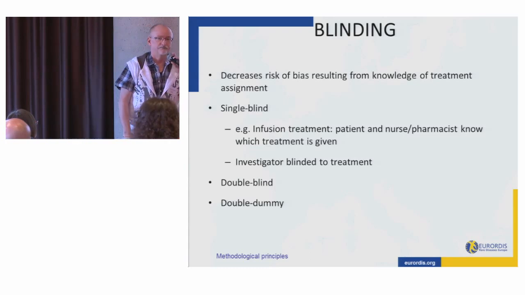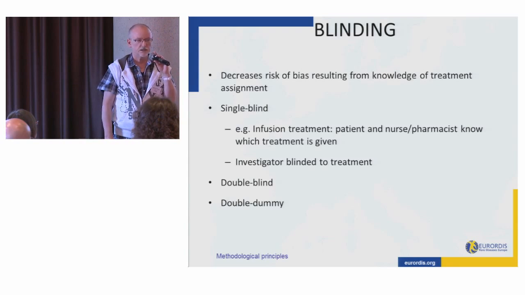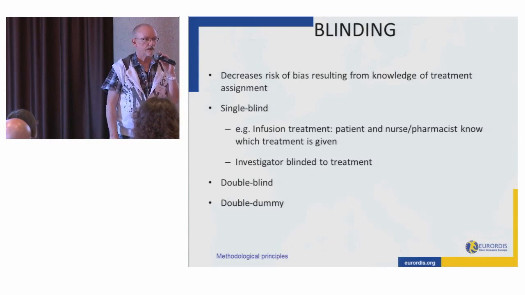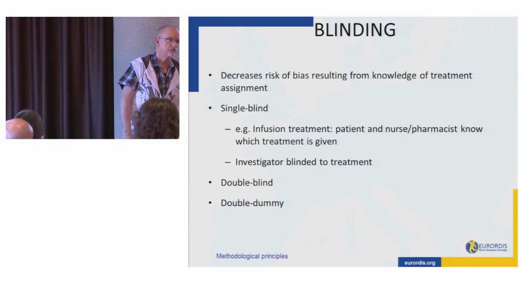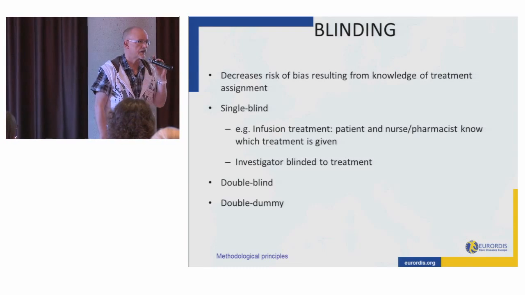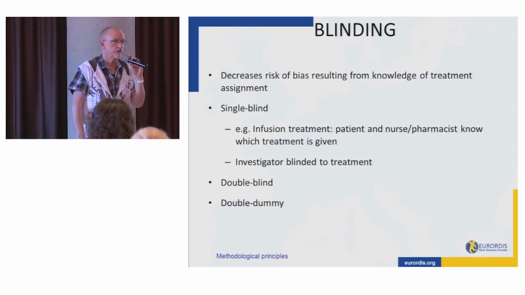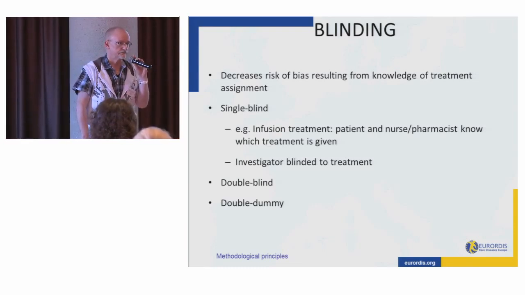Double dummy. Double dummy is a setting where, if you assume that your control treatment is a tablet and the new treatment is a capsule, well, you can tell the difference between a capsule and a tablet.